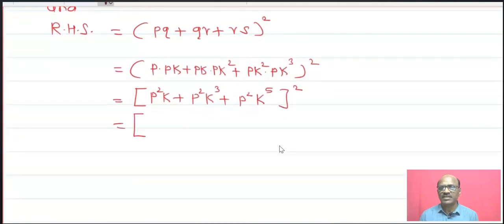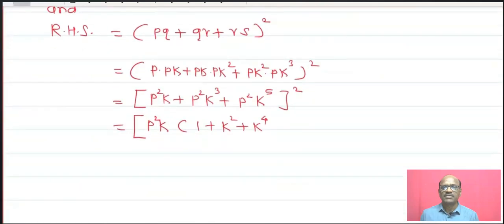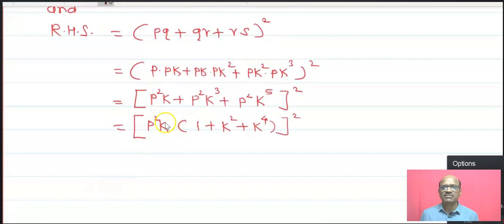Therefore here you will get p square in bracket, that p square k will be common. Now see this here, we have taken p square k as common. Then in bracket you will get 1 plus k square plus k raised to 4 bracket square.